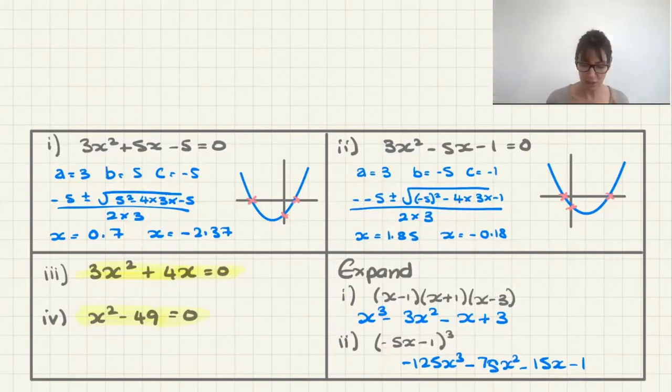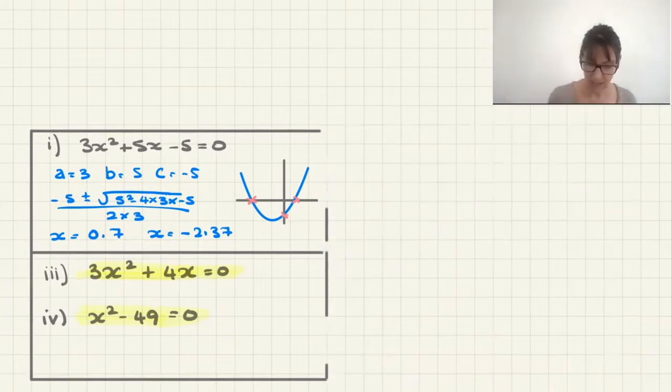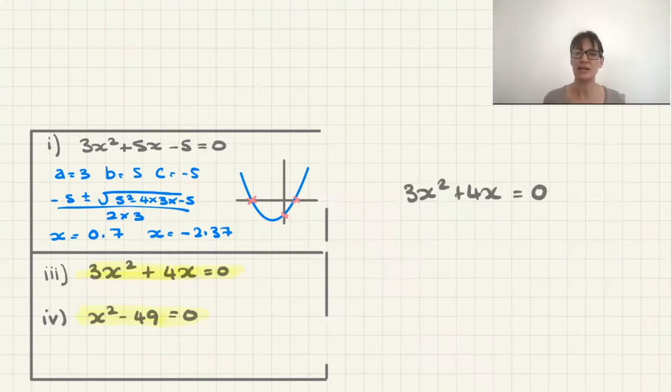All right, let's look at these two questions, okay? And what I'm going to do is I'm just going to rub out this side so I've got some space. 3x squared plus 4x equals 0 is most definitely a quadratic. It's assumed knowledge.